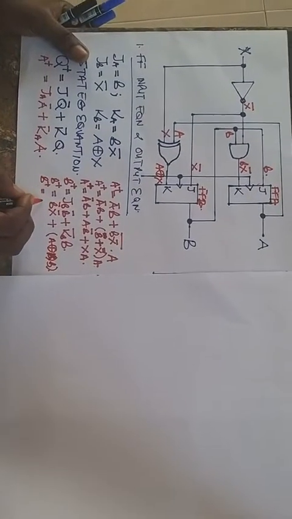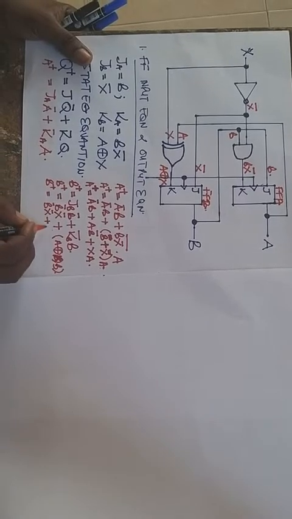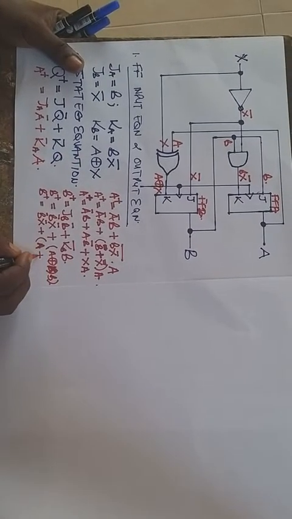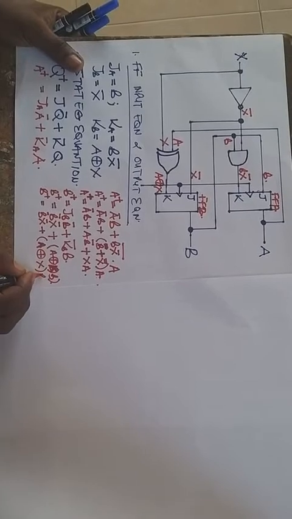B plus equals B bar X bar plus A exclusive OR X bar multiplied by B.